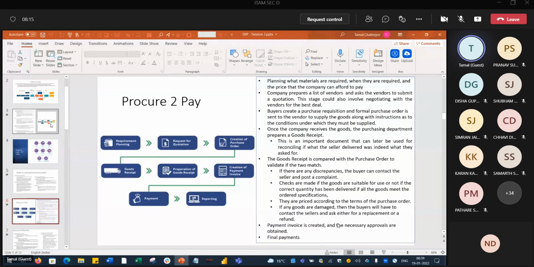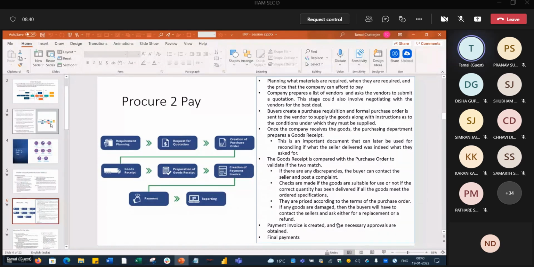Then we receive the goods, we check whether the purchase order and the goods receipt are matching. If not, then there will be a return, then the account payables will come up. So account receivable is from the order to cash cycle, and account payable is from the procure to pay cycle.